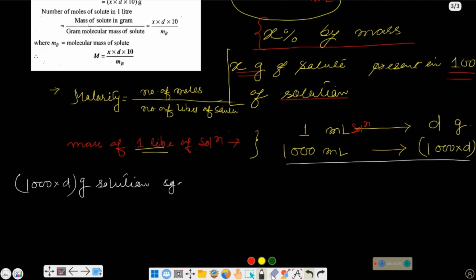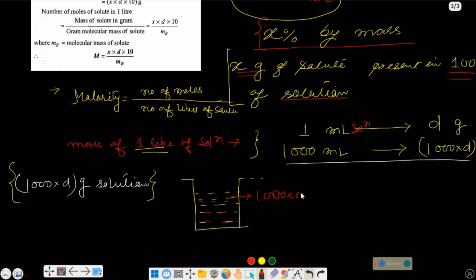We have calculated that we have this much solution in gram: 1000 into d gram of solution.